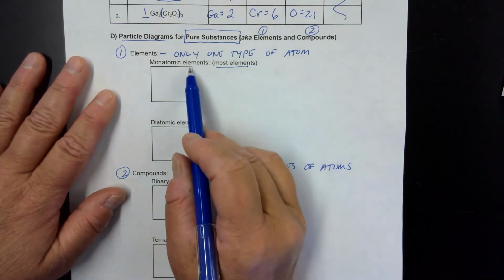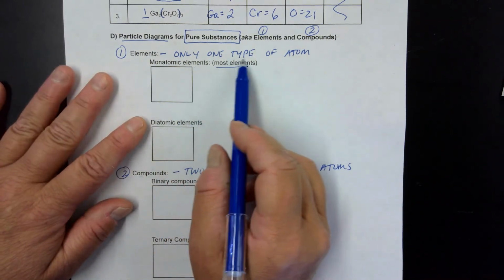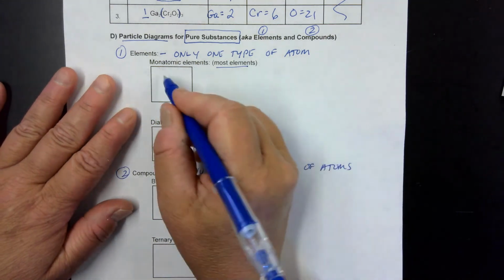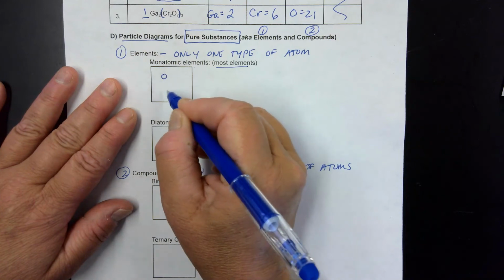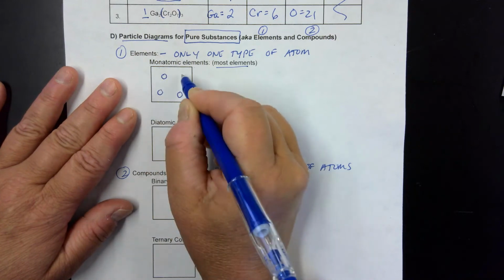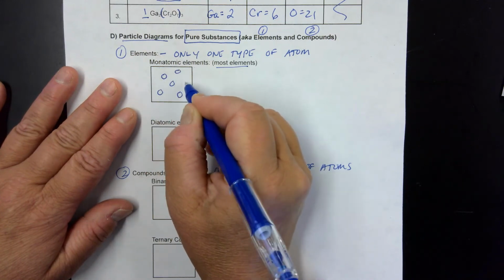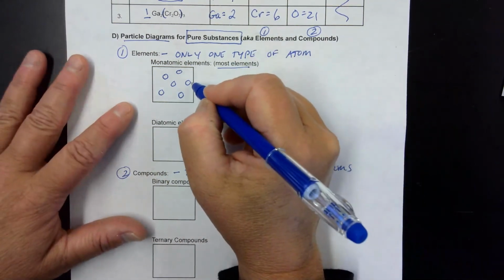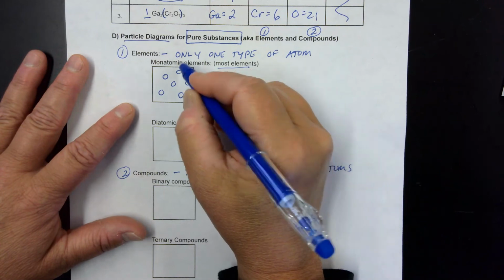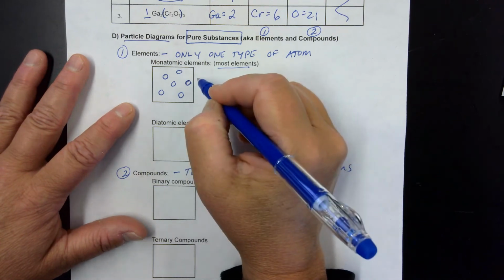A monoatomic element, there's only one type of atom, and the atoms are existing monoatomically, meaning they are just existing as single independent atoms. Okay, so what we are looking at here, each one of these is a single atom, right?